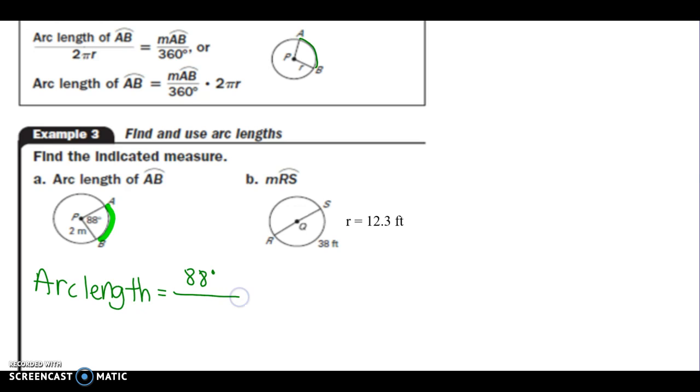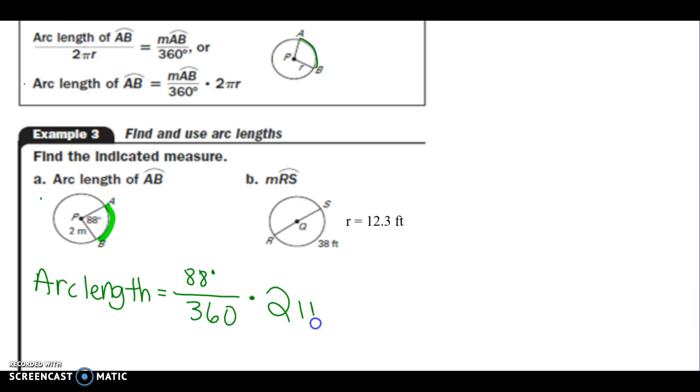You're using it. If we're looking for something, it's always going to give you two of the pieces of information. So right now we're just plugging the stuff we know from this circle into the arc length formula. It's times the circumference, or 2 pi r.